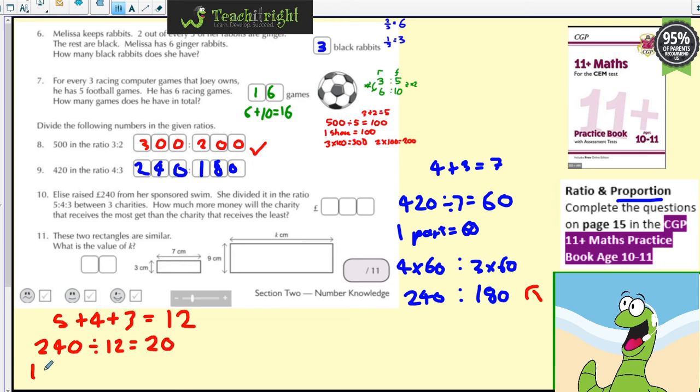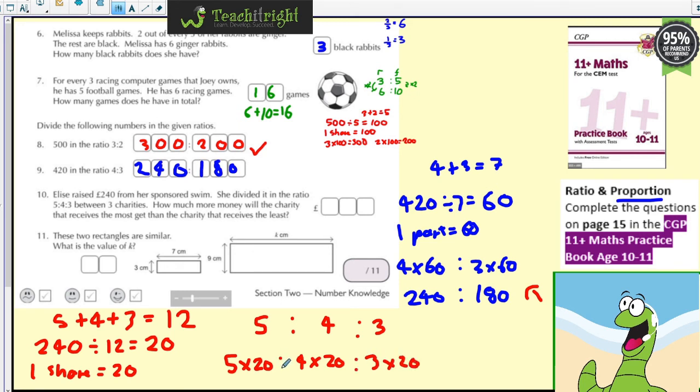So 1 share is 20. And so now if we want to know what 5 shares are, 4 shares are, and 3 shares are, we can do 5 times 20, 4 times 20, and 3 times 20.